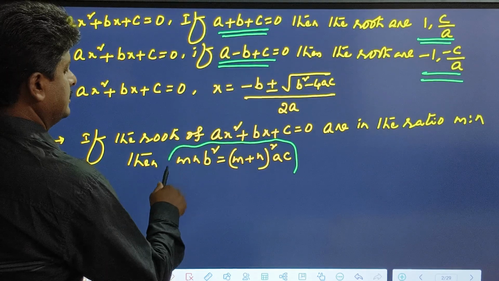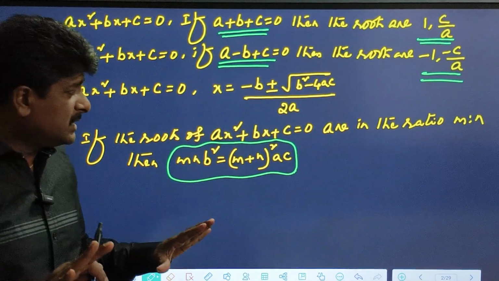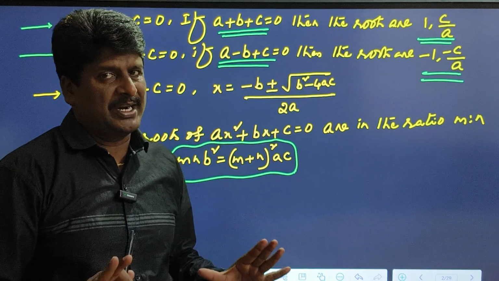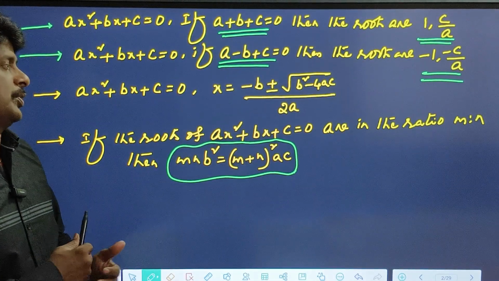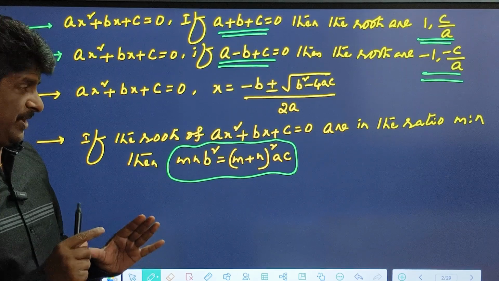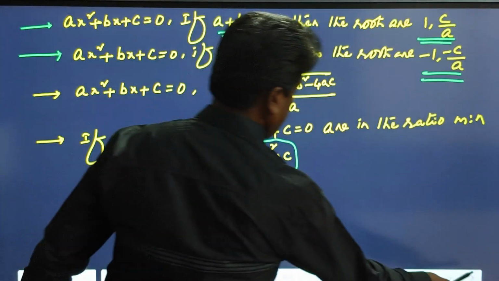This is the condition. Okay. So these are the basic things about quadratic equations. Let's move on to problems. There, if we get any new formula, I will write it there only. Okay. Let's go to problem number 1.